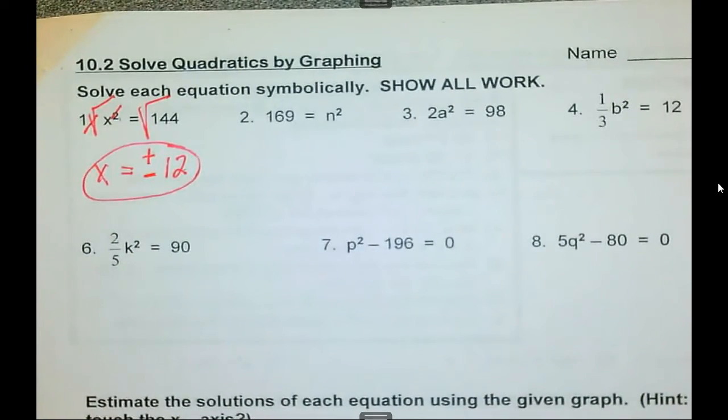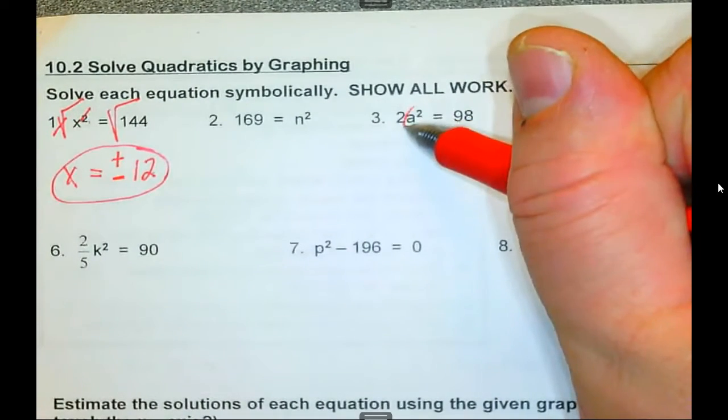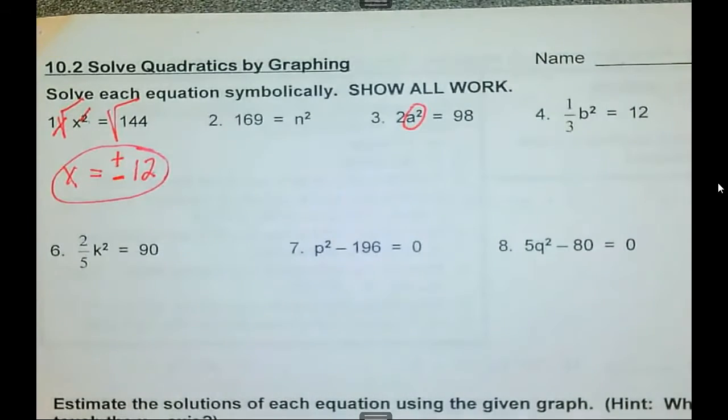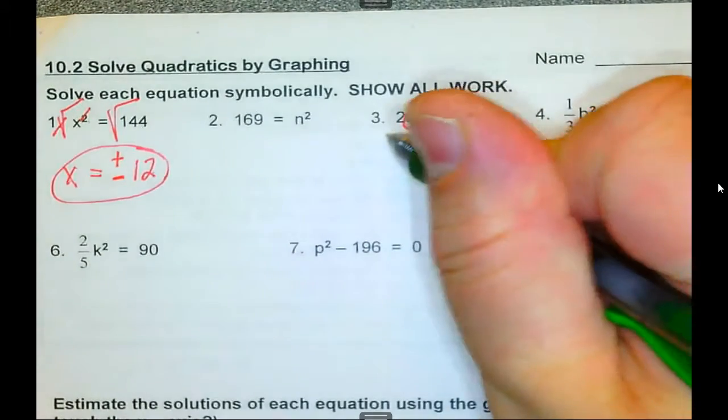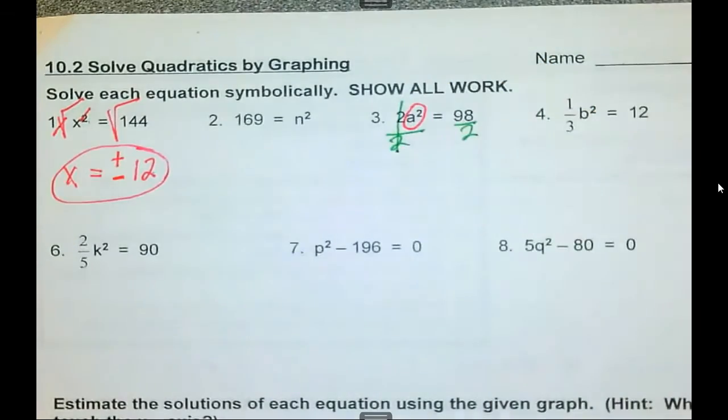What about number 3? How do I solve for a? Well, I have to get the a squared by itself first, so I'm going to divide by 2 first. So the 2's cancel.